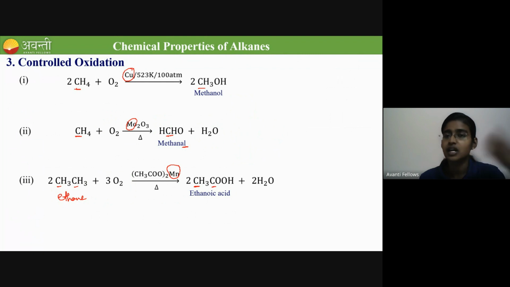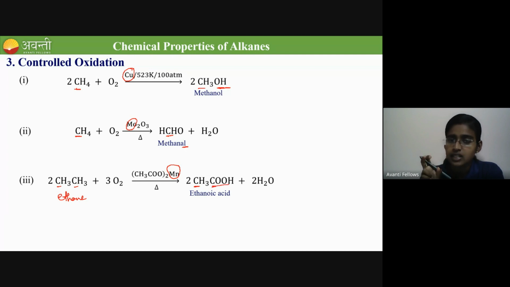The person is controlling the reaction by altering the catalyst, and by changing the temperature and pressure. Here, if copper metal is used as the catalyst, we get alcohol as the product. If molybdenum is used, aldehyde is the product. If manganese is used, carboxylic acid is the product.